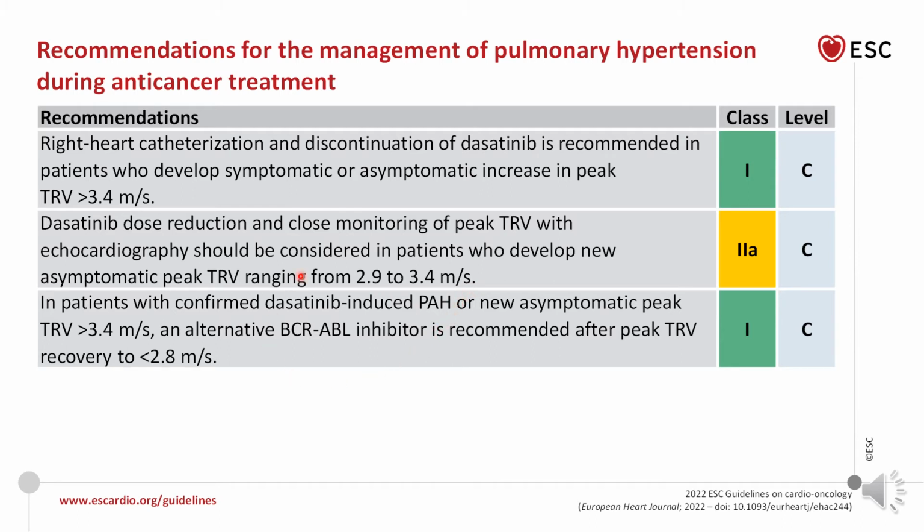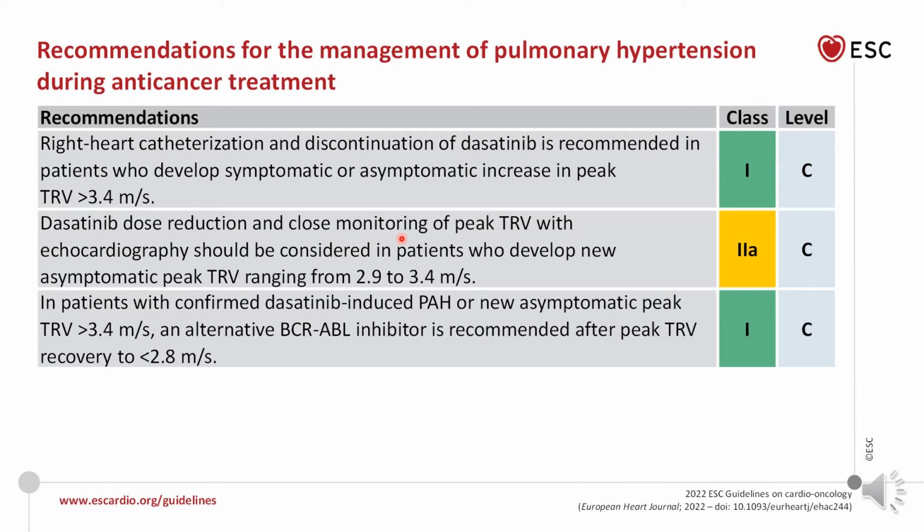And in a patient who developed pulmonary hypertension, we should do right heart cath, and we might start pulmonary hypertension targeted therapy for this patient. Usually it is commonly reversible after 3 months of discontinuation of this drug.